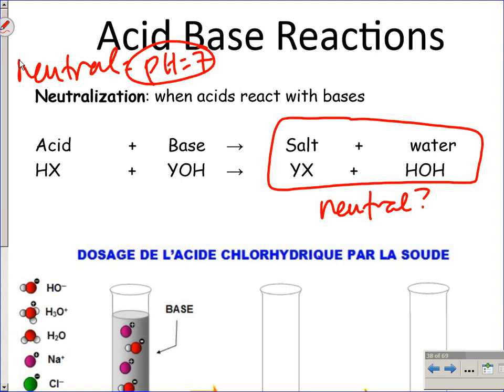So red litmus paper and blue litmus paper. What happened to red? No change. What happened to blue? No change. So overall, since it didn't change blue and it didn't change red, what's it trying to tell you? Yes, it's trying to tell you it's a neutral salt. We'll talk about why that is in a second.